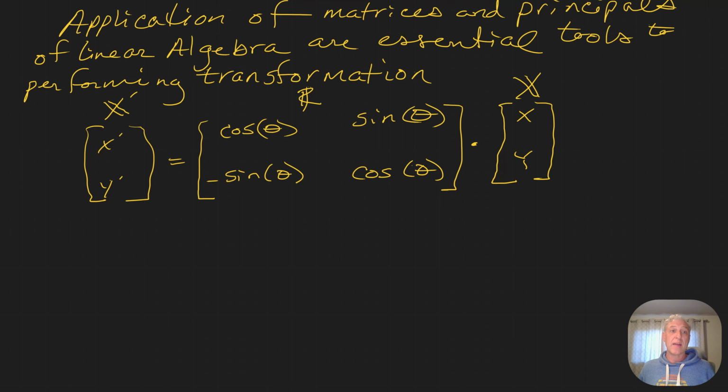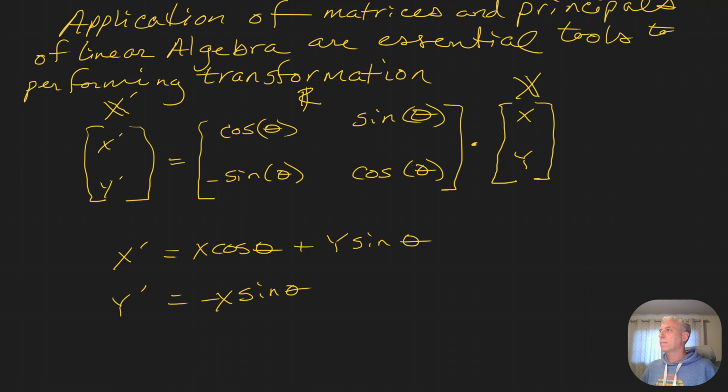If we just apply the definition of matrix multiplication, what do we get? We get x prime equals x cos theta plus y sine theta, and y prime equals minus x sine theta plus y cos theta, which is exactly what we came up with before, right?